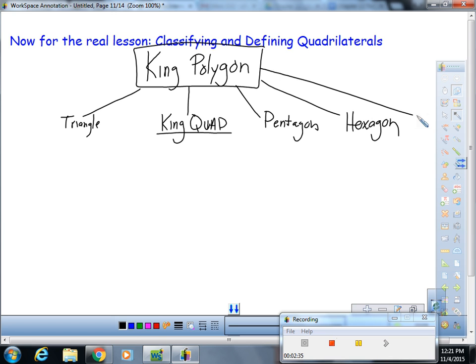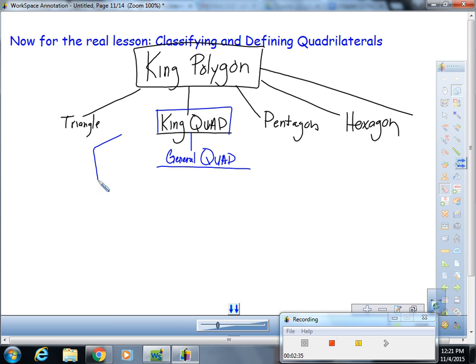Well, King Quad had a little bit different idea, okay? King Quad, he only had one, and it was a son, and he called him the general. Okay, and the general was just kind of ugly, okay? He looked almost identical to the king, okay? And the general Quad looked something, no, that's not what he looked like.